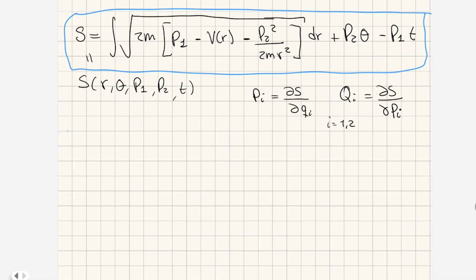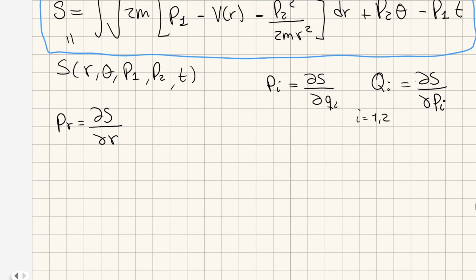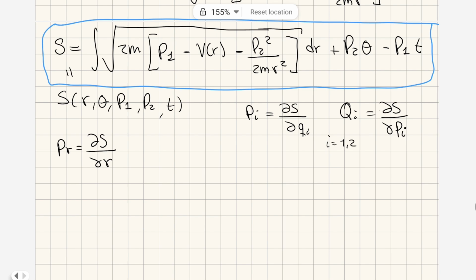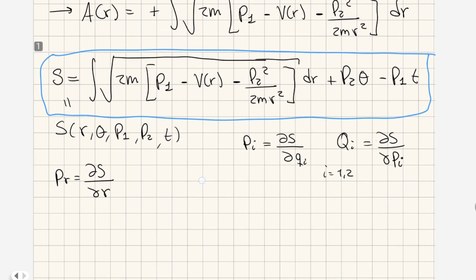So p1 is equivalent to pr. This is telling us that pr is equal to the partial of s with respect to q1, but remember q1 represents r. So to find pr, we need to take the derivative of this whole function with respect to r. But look, these two quantities do not depend on r, so the partial of s with respect to r will make them equal to 0.